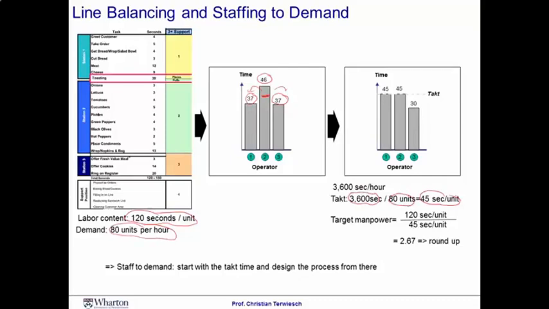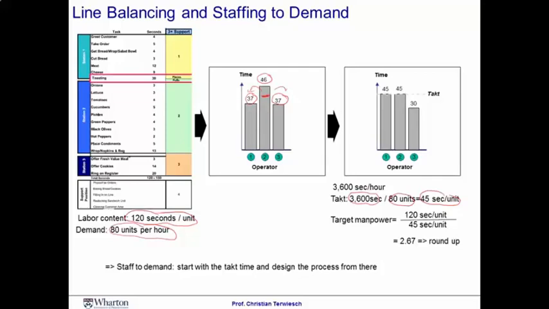So 45 seconds per unit is the takt time. Takt is a word that comes from the German word Takt, which stands for the beat of the music. In the process, everybody has to dance to the beat of demand. Every person should serve a customer and move it forward to the next station at a speed of 45 seconds.